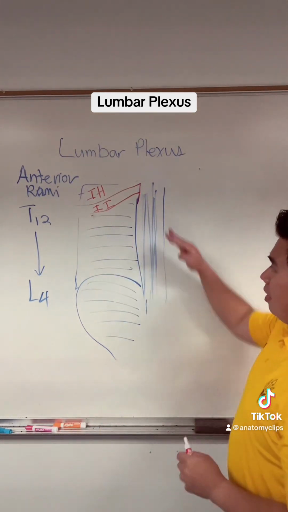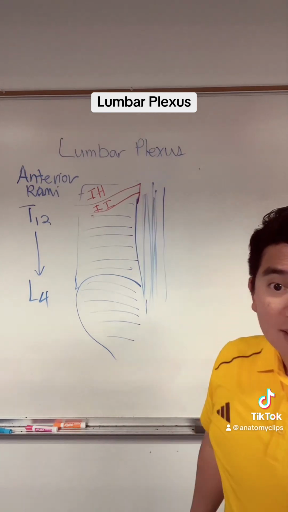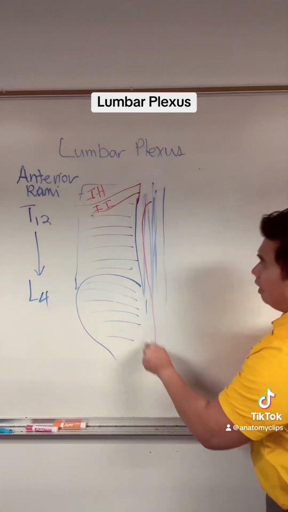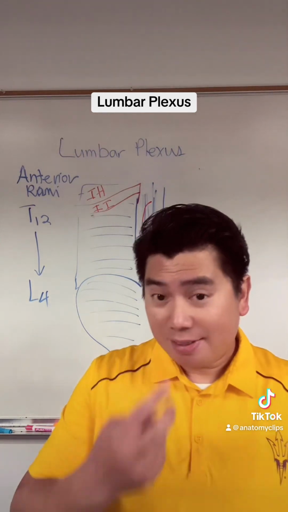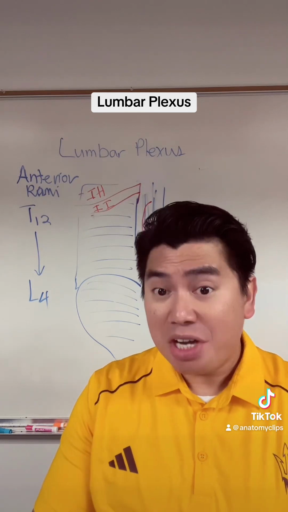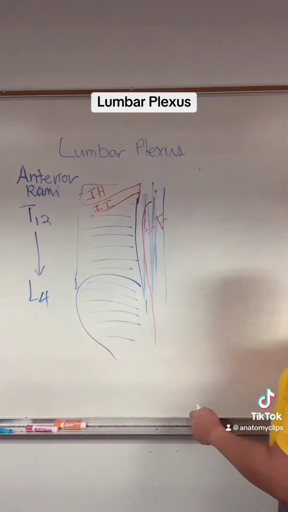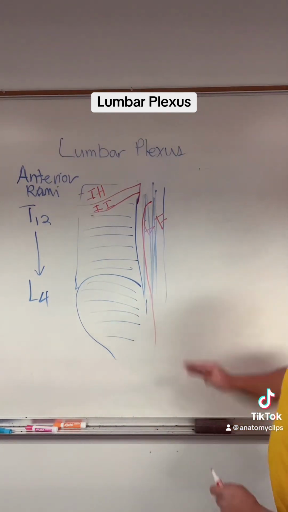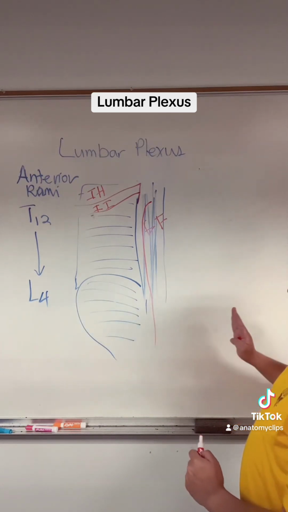Then on the anterior aspect of that psoas major, you will have a nerve coming out, and that will be the genitofemoral nerve. And it makes sense because all the reproductive system or the genitals are located anteriorly. Then on the inferior portion of the psoas major, we will have a lateral part and a medial part.